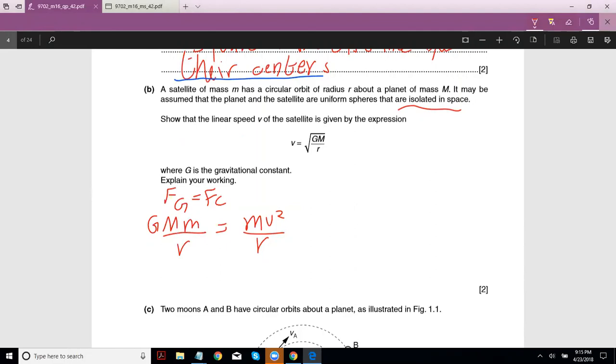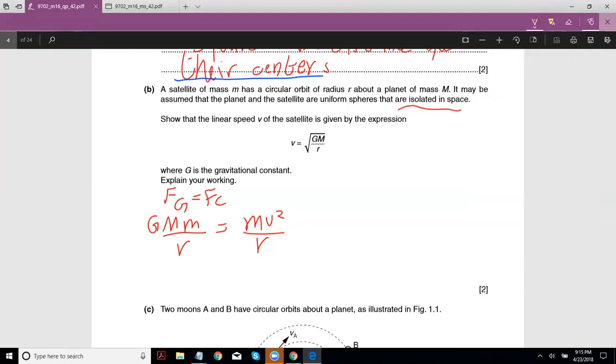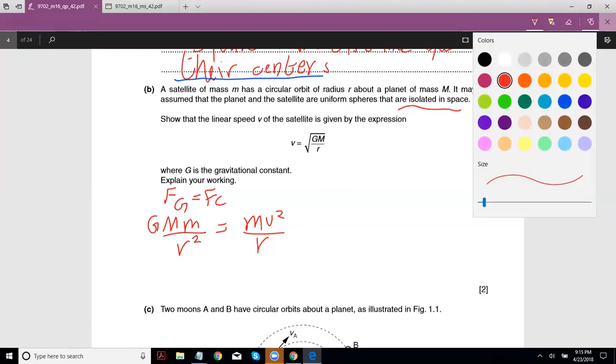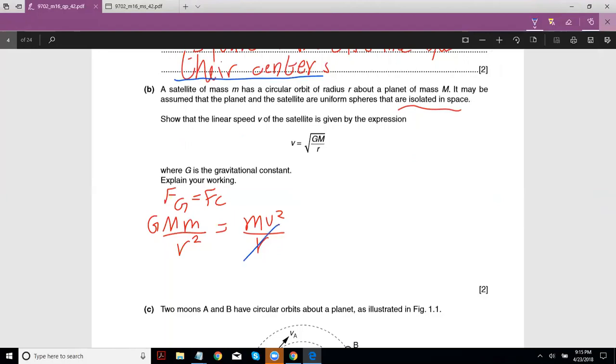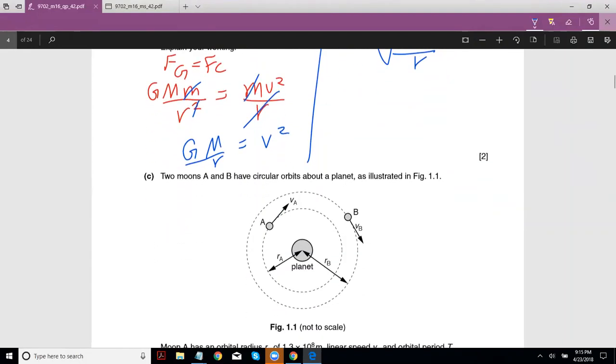I'm not talking about the Earth's radius or anything like that. And then you simplify, r इधर से कट गया, mass कट गया. You're left with GM over r is equal to v square, and you take square root on both sides, giving you the root of GM over r.